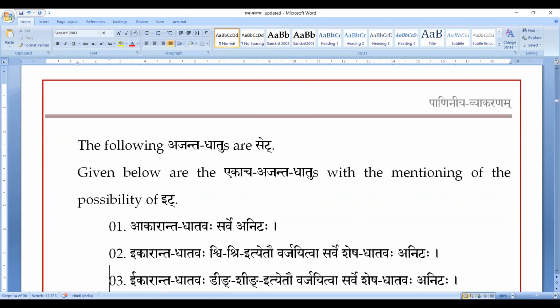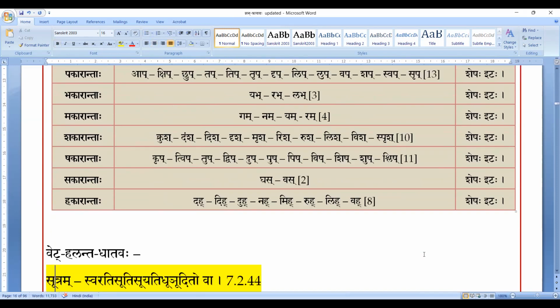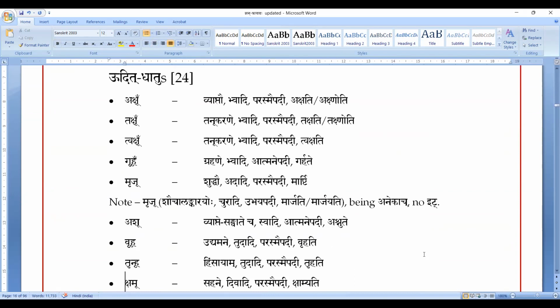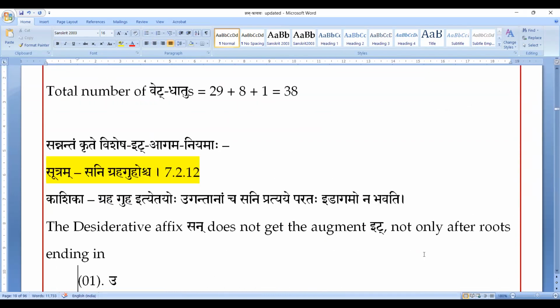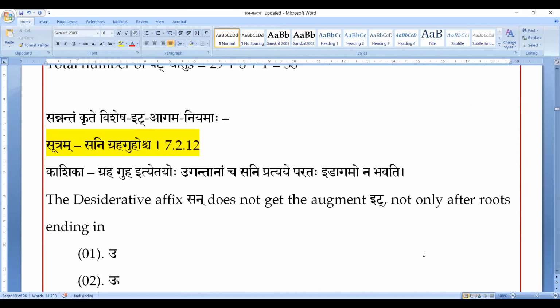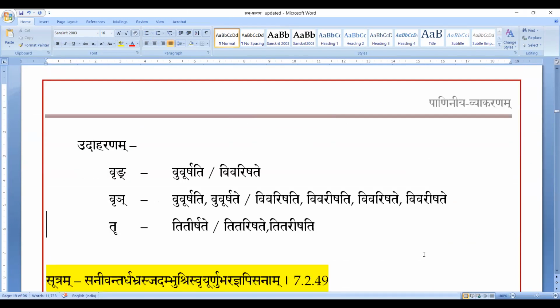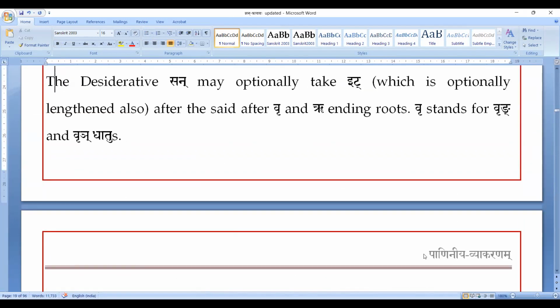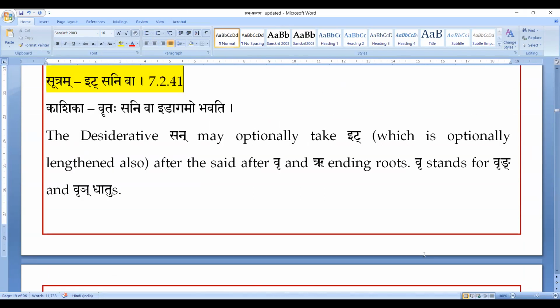This is general, and we have added some and removed some for san pratyaya. So here it is saniva. San pratyaya may optionally take it, which is lengthened after the r ending dhatus. Rukara ending dhatus; vru stands for vrung as well as vrij.